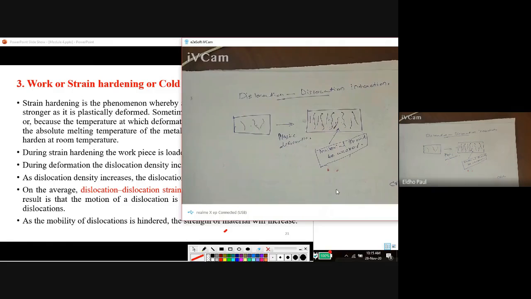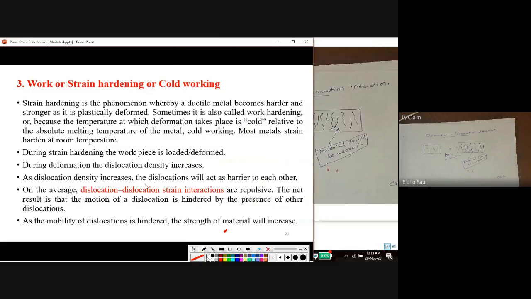This type of interaction, where one dislocation line restricts the movement of another dislocation line, is very important. As dislocation density increases, dislocations act as a barrier to each other. One dislocation line offers a resistance to another.